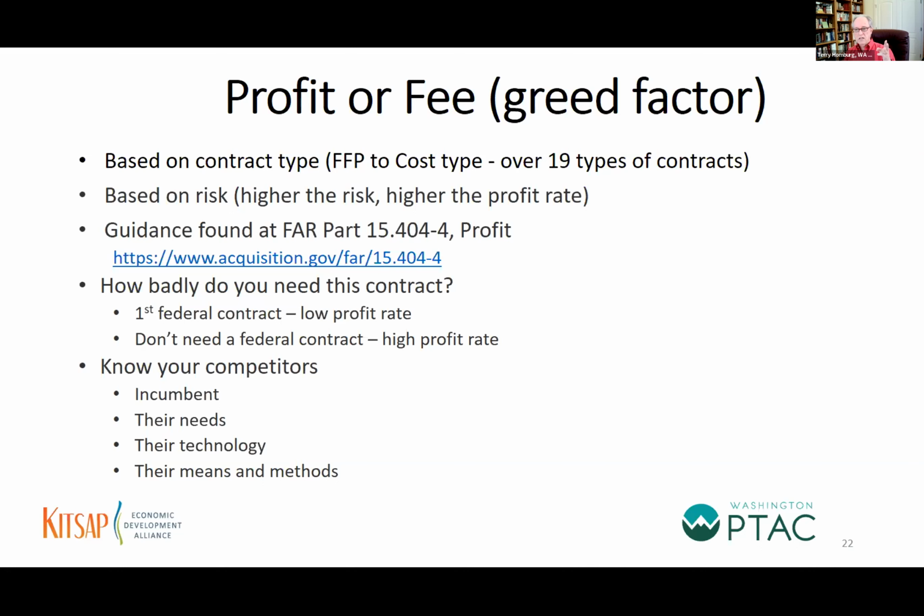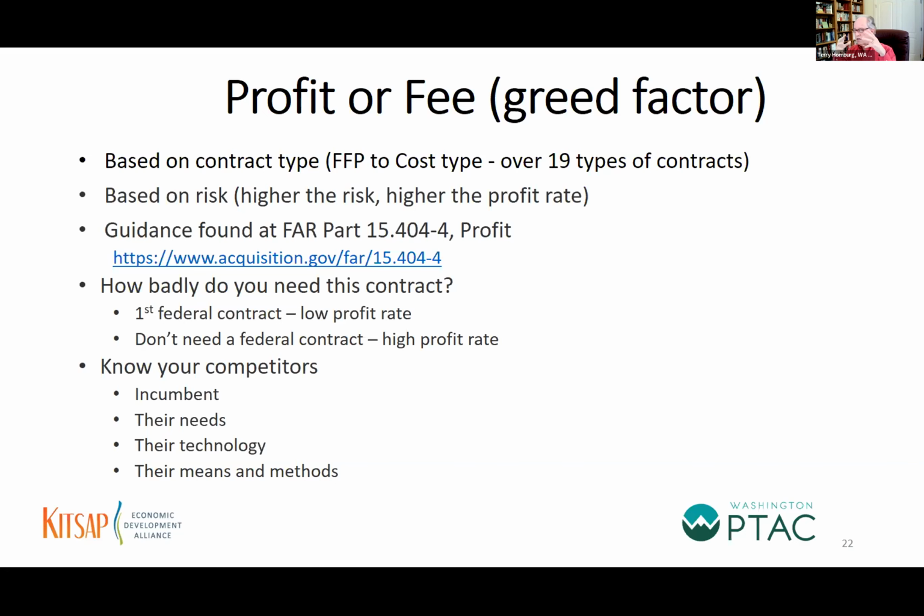Ours was not in the Federal Acquisition Regulation because it was a combination of two of those types of contracts. It was a firm fixed price contract plus indefinite delivery, indefinite quantity. We put the two of them together, issued a solicitation and made awards to contractors and administered those contracts.